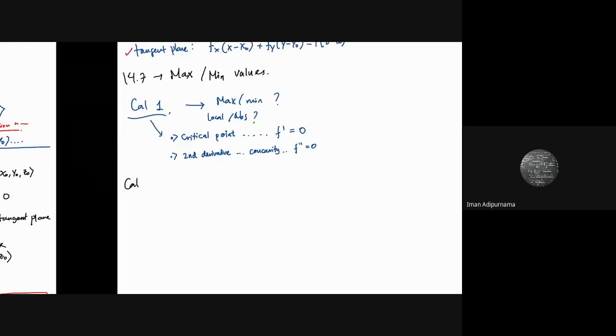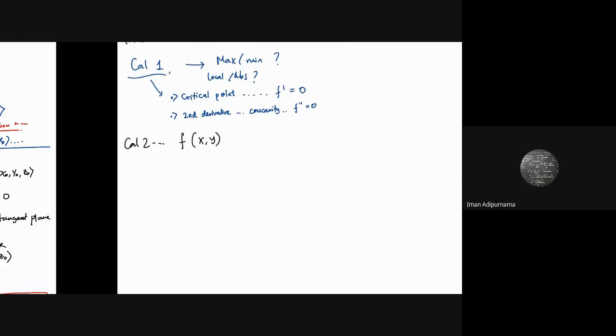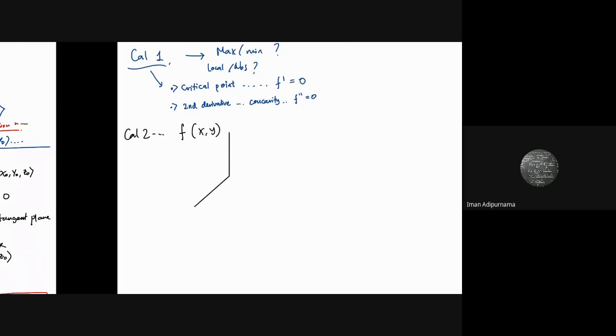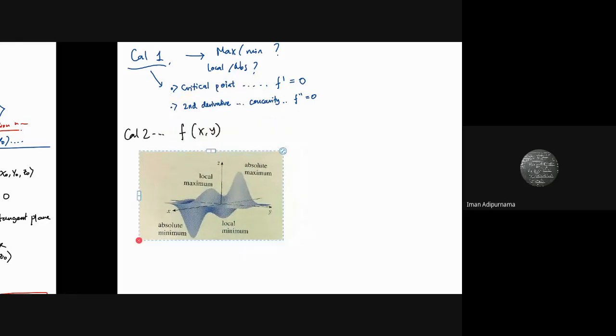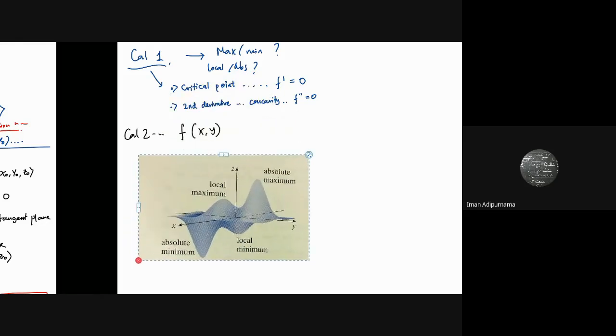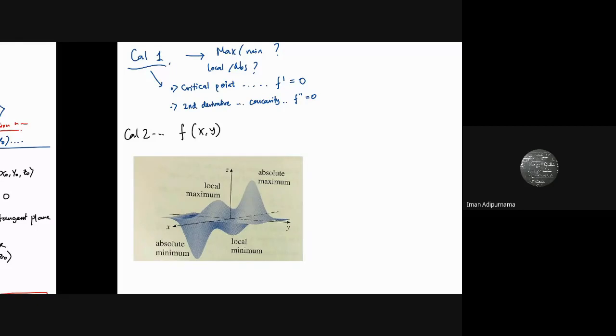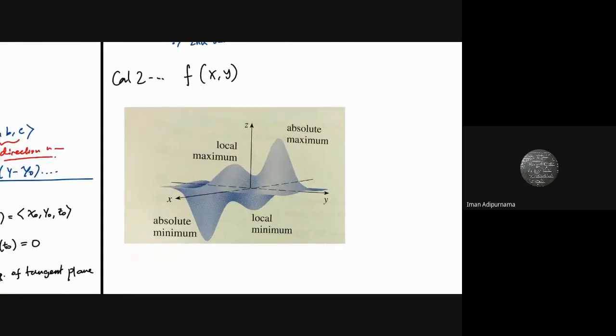And now in calculus 2, because we need to have at least two variables in our observations, maybe I will just put in the picture. This is pretty much an example of how we are going to show the maximum and minimum from the graph.